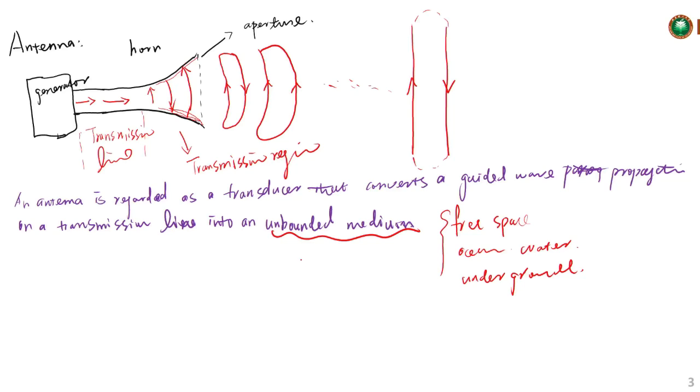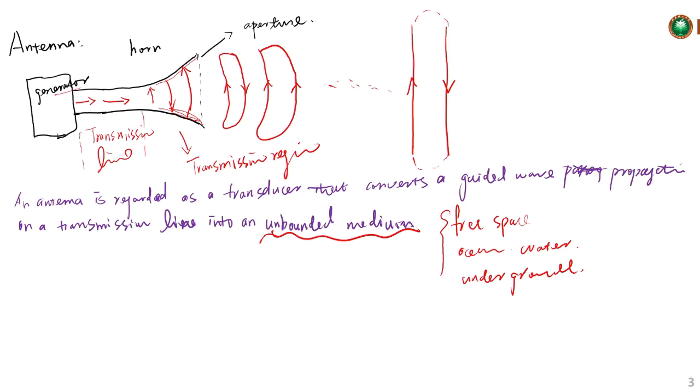So it is propagating in an unbounded medium. Here we just show the propagation condition for the generator side.